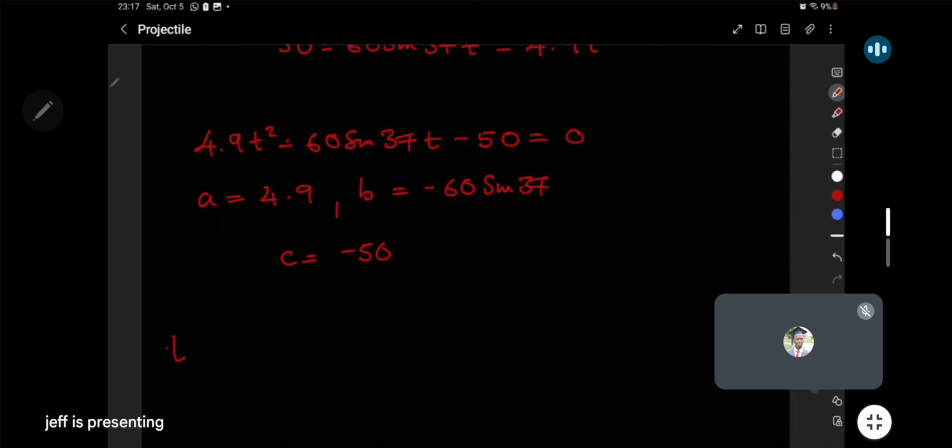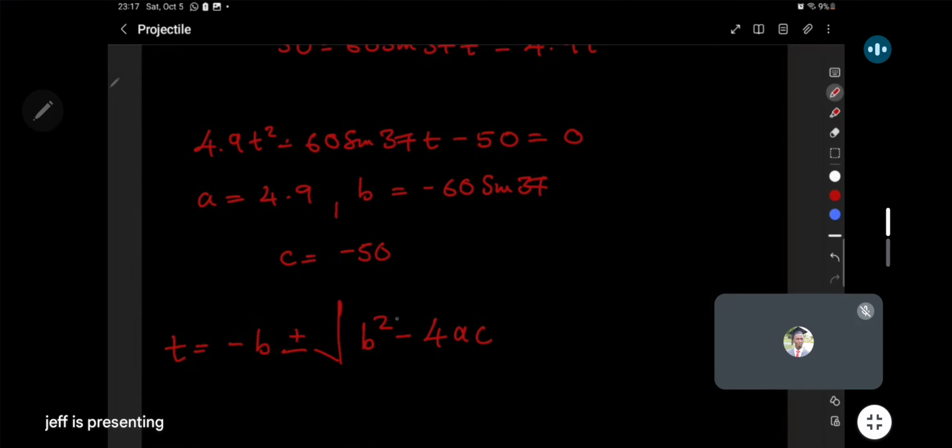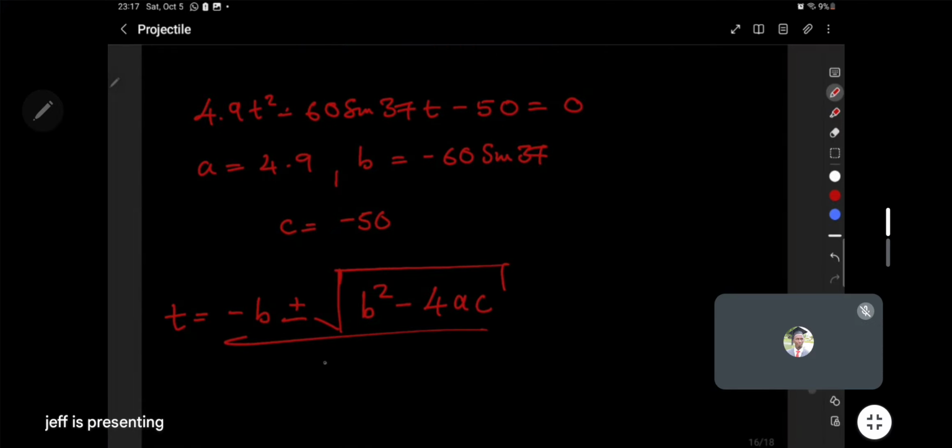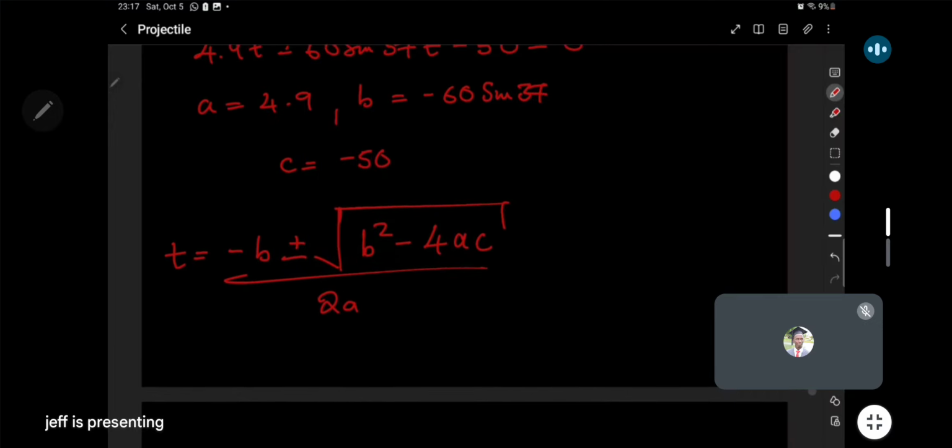Then again, we can use t equals negative B plus or minus the square root of B squared minus 4AC, over 2A. So here, when solving this one, you will find two values of time. One of them will not make sense.